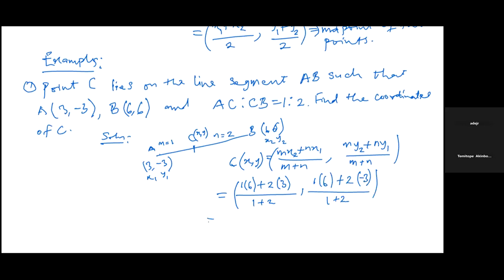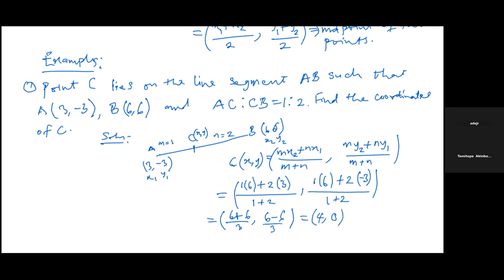So evaluate each of the coordinates. This will give you (6 plus 6) over 3, comma, (6 minus 6) over 3. And that gives us 6 plus 6, 12, divided by 3, 4, comma, 0.